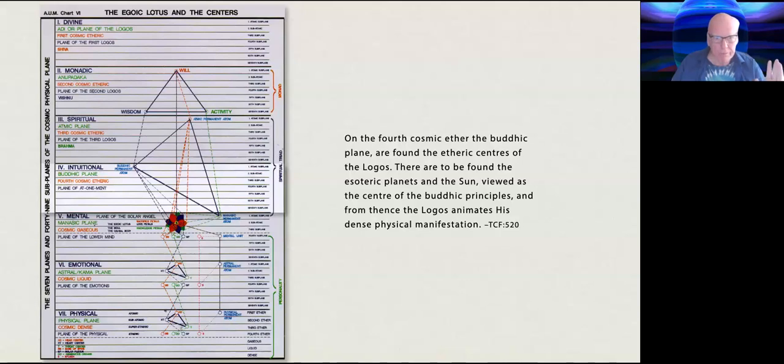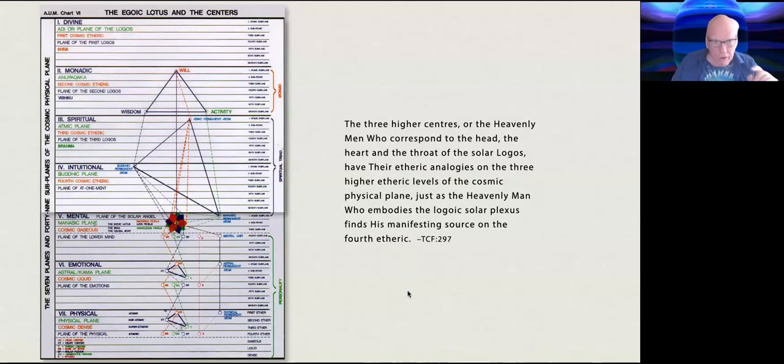But just as with a human being, not all the solar logoic centers are found on the Buddhic plane. DK says the 3 higher centers, or the heavenly men who correspond to the head, the heart, and the throat of the solar logos, have their etheric analogies.